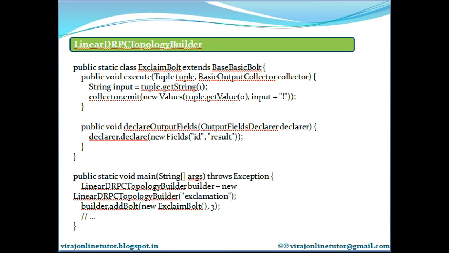Here's the implementation of the distributed RPC topology that returns its input argument with an exclamation sign appended to it. As you can see, this is very simple. When creating the linear distributed RPC topology builder, which is over here, you tell it the name of the DRPC function for the topology.